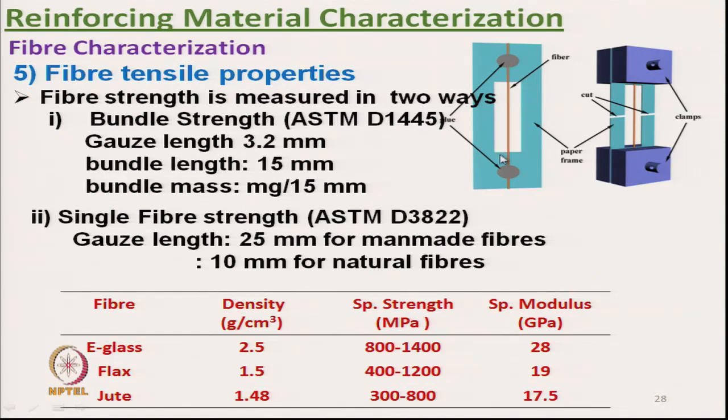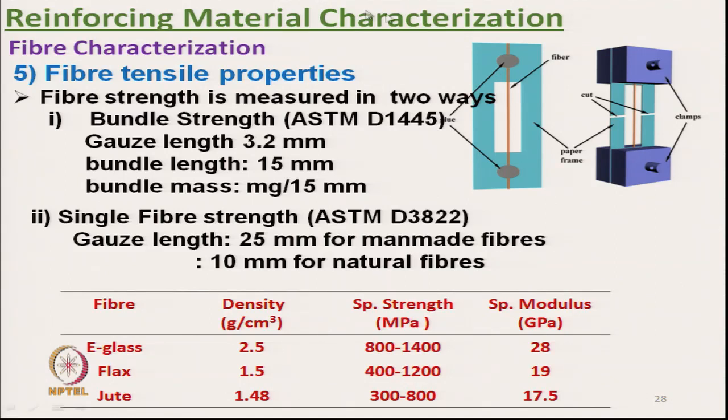This is the fiber, and here it is fixed on a frame, and these are gripped by the tensile tester, and then this frame is cut at the side and only fibers are exposed, and then we can get the fiber strength.